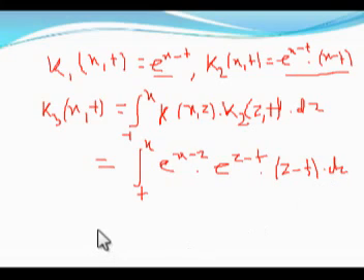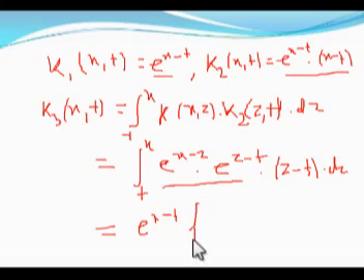Again, from the first two terms, you will get e to the power x minus t, and z will vanish. And e to the power x minus t is a constant, so you can take it out. We just have to integrate z minus t dz from t to x.